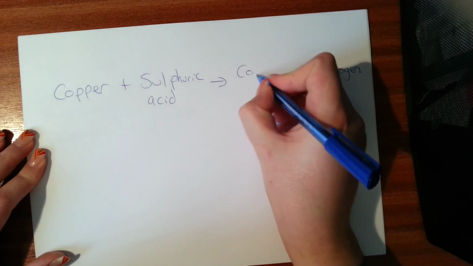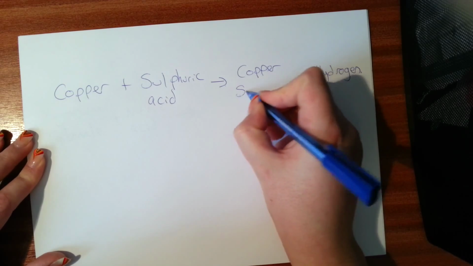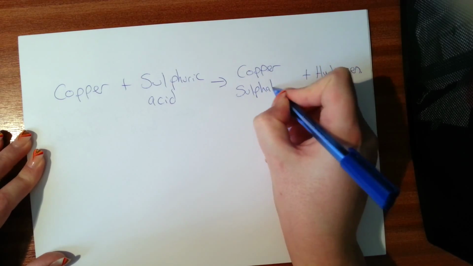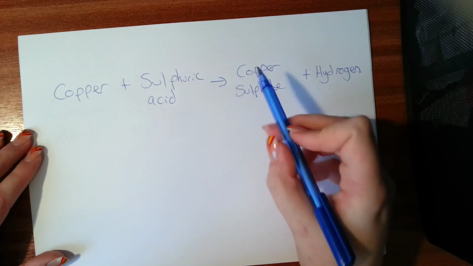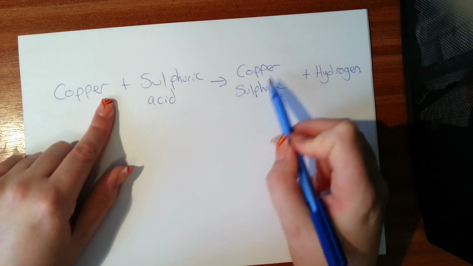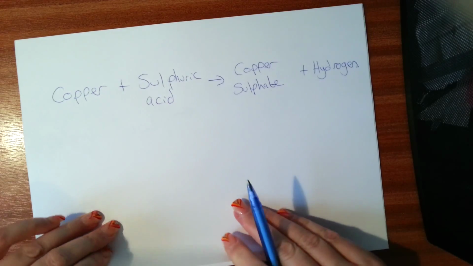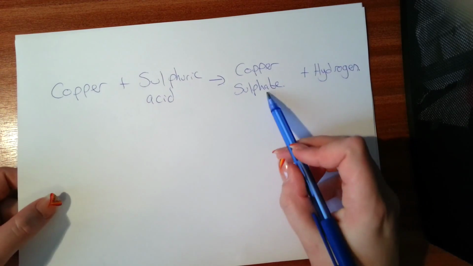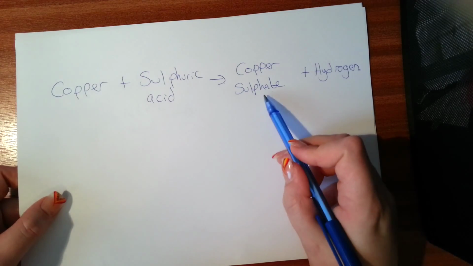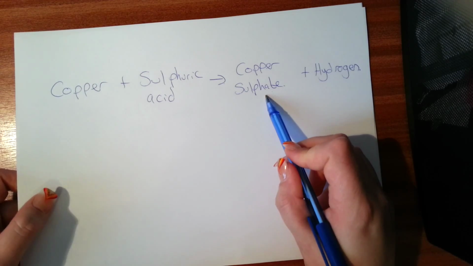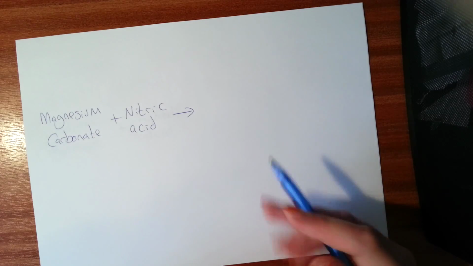If you said copper sulfate, you would be correct. Okay, so well done if you said that. So copper has come from the metal and sulfate comes from the sulfuric acid. Okay, let's go on to the next one. Or just to mention, copper sulfate, I might have shown you that in lessons, it's that beautiful blue liquid. Okay, so you need to remember that one.